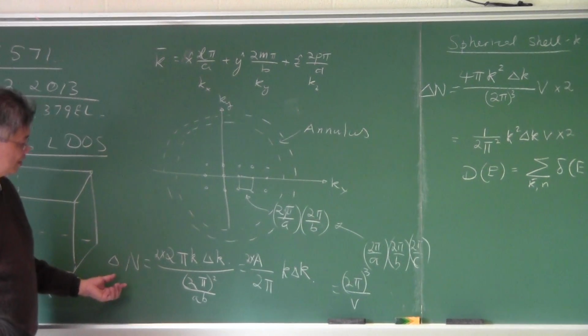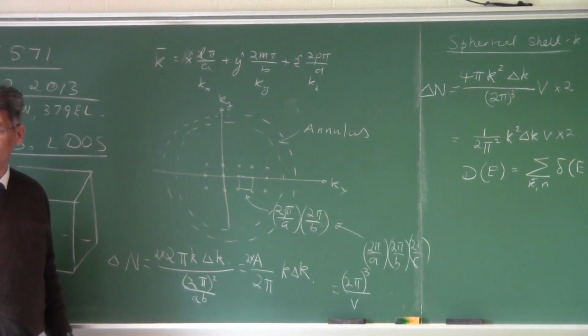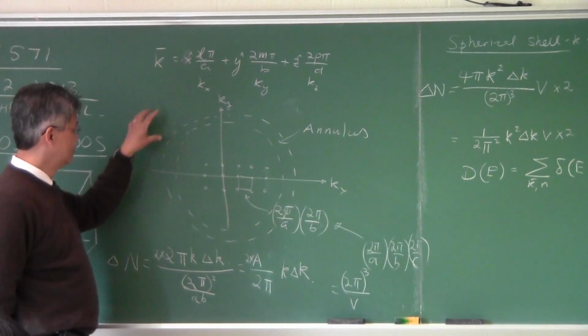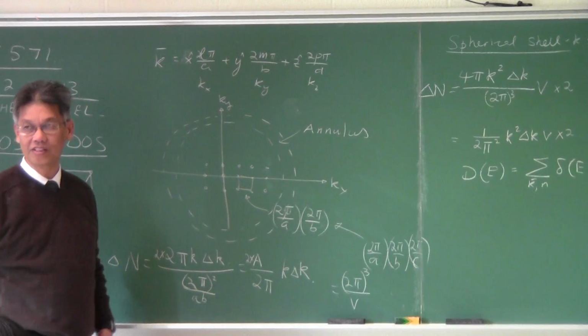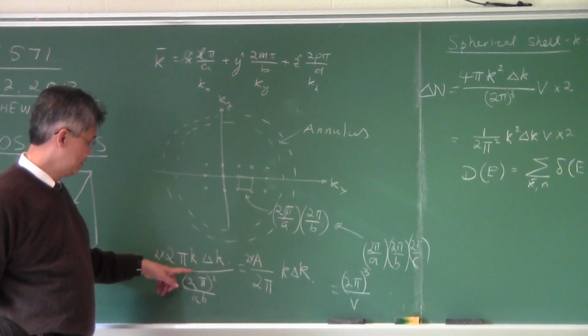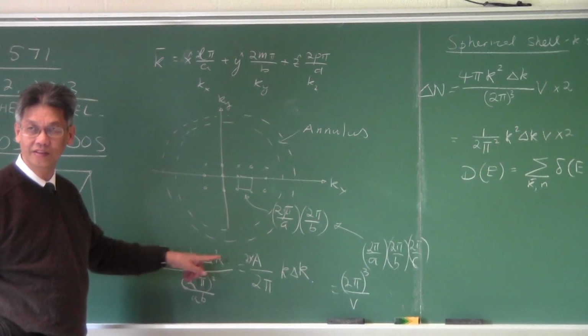If I know how to count in an annulus, I can integrate this to find the number of states in a circle, for instance. I can also integrate this number over an arbitrary shape, but it's harder to integrate. This is a circularly symmetric function, so it's very easy to integrate on a circle.